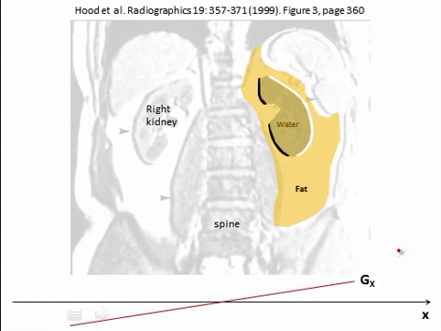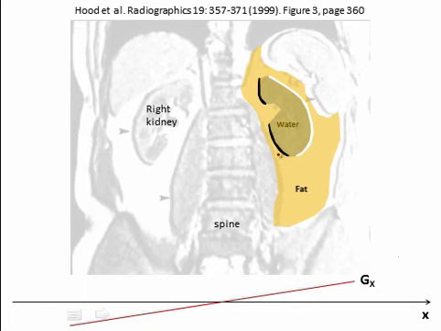So in this week's discussion, I also asked what would happen to these banding artifacts if the gradient was moved to be in the Y direction. And what would happen is the banding artifacts would move from being on the left and right side of the organ to the top and bottom, or superior and inferior margins of the organ.